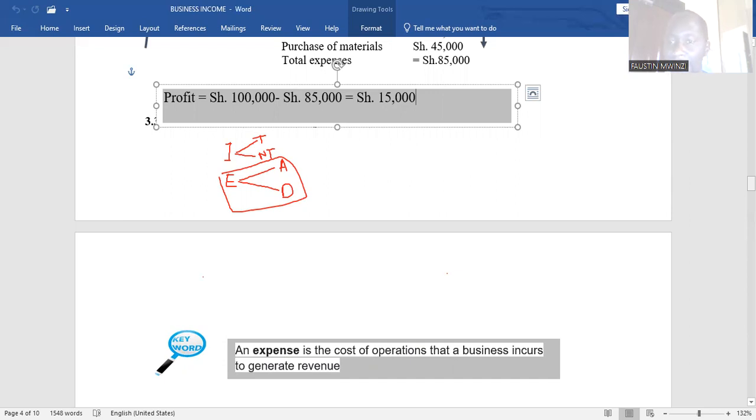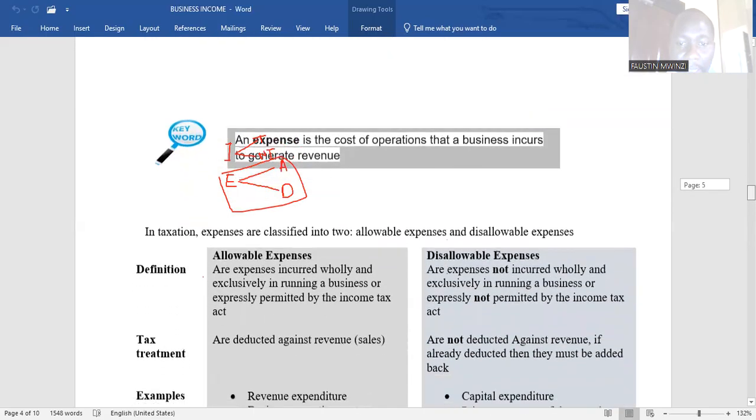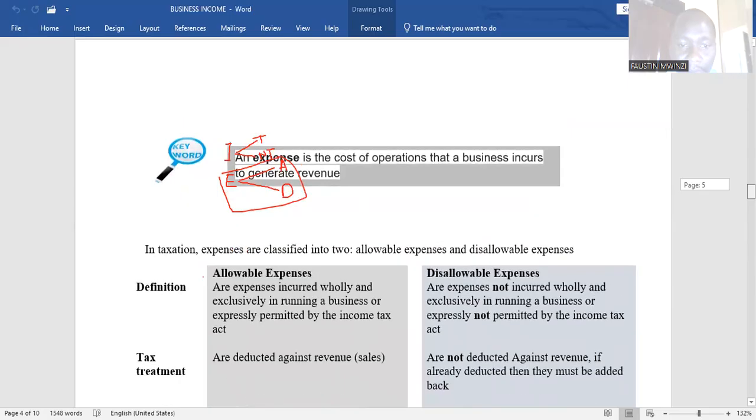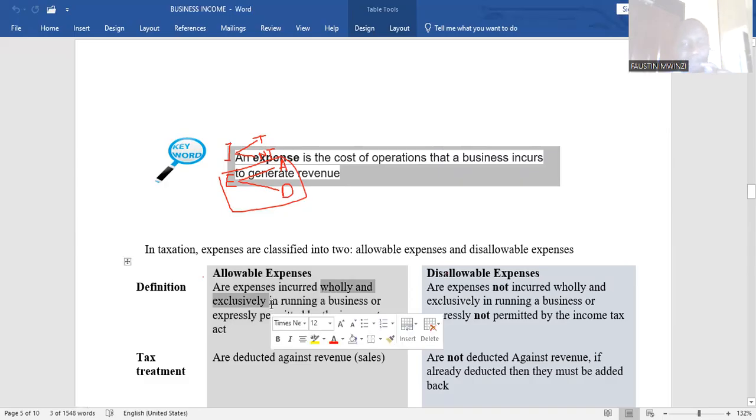So what is the basis of saying an expense is allowable and another one is not allowable? Let's see whether this helps. Allowable expenses. An expense is allowable if it is incurred wholly and exclusively for purposes of running the business.